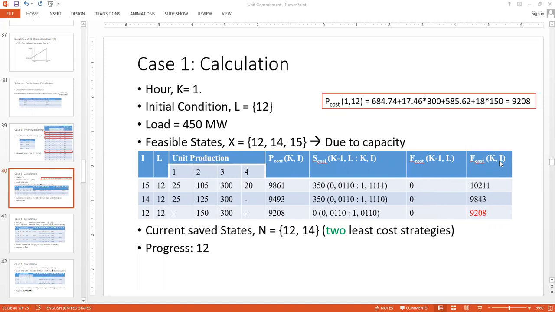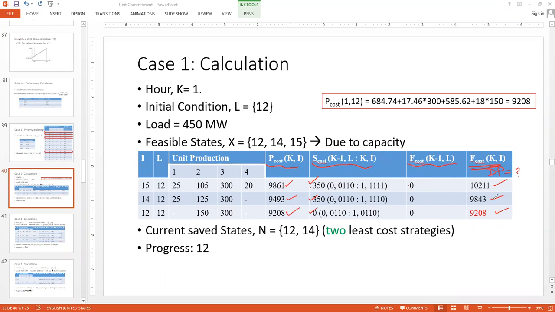So the F cost Ki, this is the important thing here. The F cost Ki is how much? This plus this plus this, because this is 0. Remember, this formula is the DP formula, the DP algorithm. DP algorithm takes care of this cost plus this cost plus this cost. Because this is 0 here, simply add up this and this, you will get this. Add this and this, you will get this. Add this and this, you will get this. So what is the minimum?